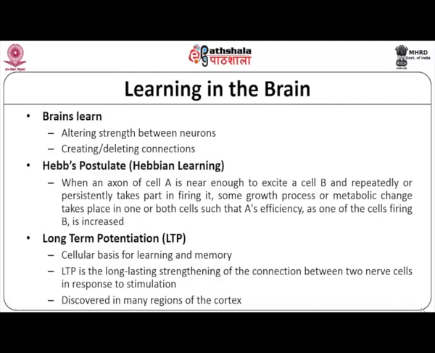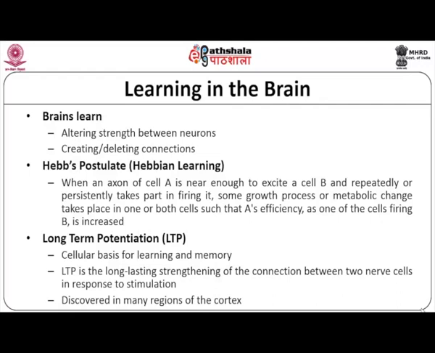Creating and deleting connections is the process by which the brain learns. Either a new synaptic link may be created or an existing old synaptic link may be deleted, and this indicates whether the brain learns or not.